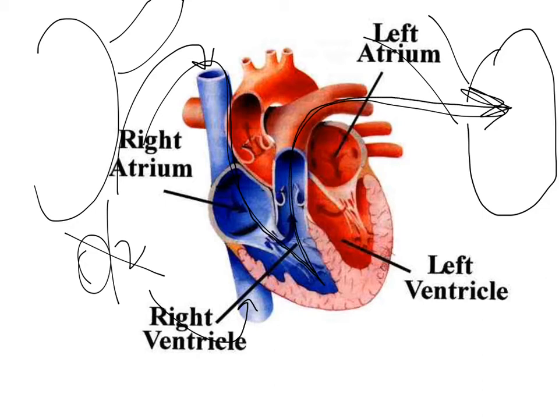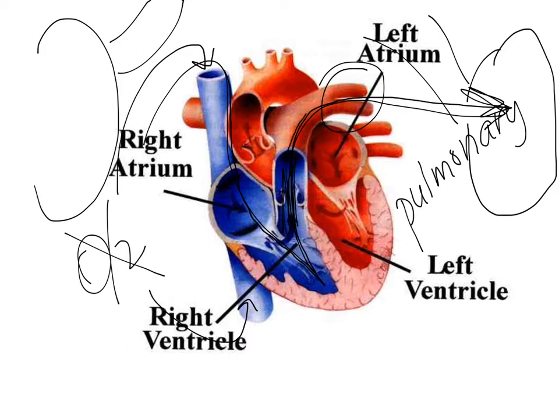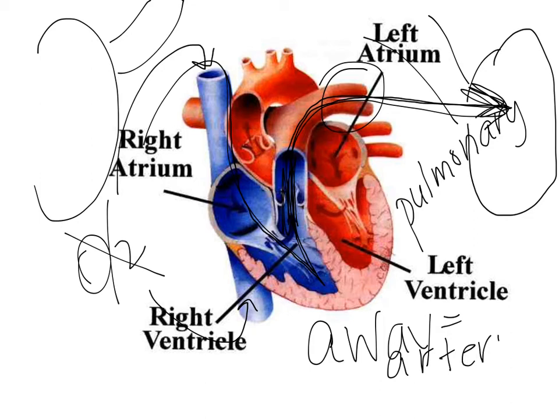Remember, the word pulmonary means lung. So what is this called? Remember, even though it looks red, it's blue on the inside, okay? So it is pumping blue blood away from the heart. Away means it would be transferred by artery.